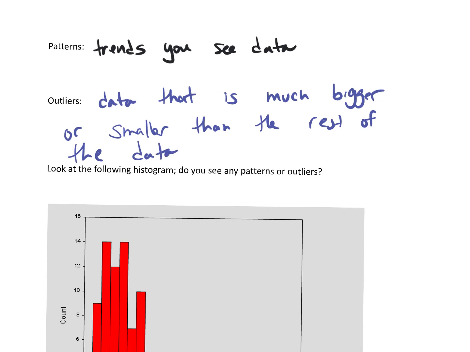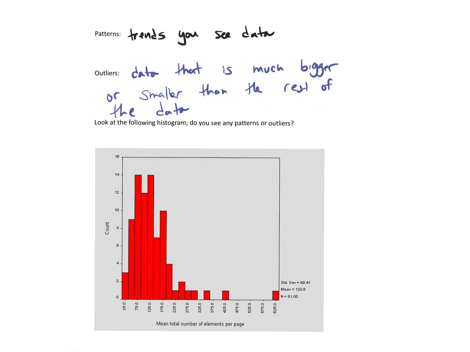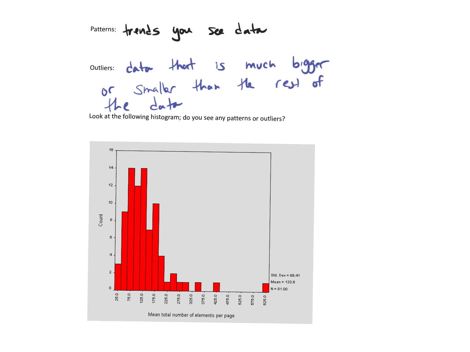So if we look at a histogram, we can look for outliers, we can look for patterns. So here is a histogram. Someone counted how many different characters were on a page of text. So many letters and periods and exclamation points. If I'm looking for patterns, I can see that most things had their data somewhere between 25 and 275, right?